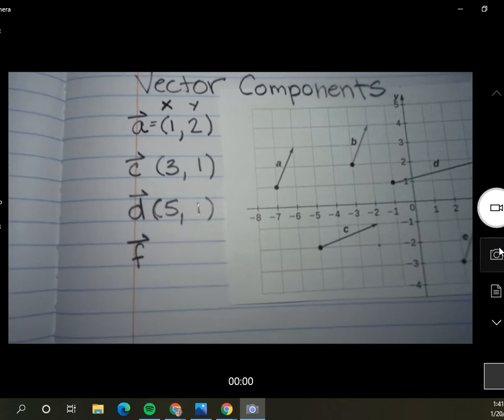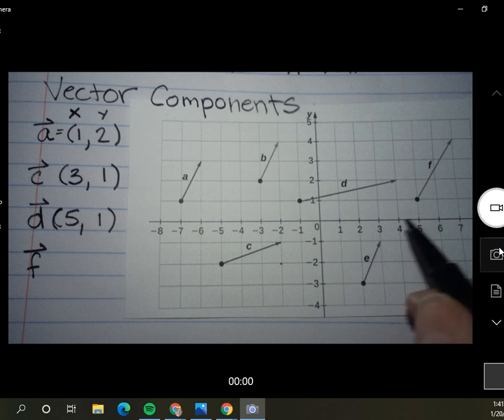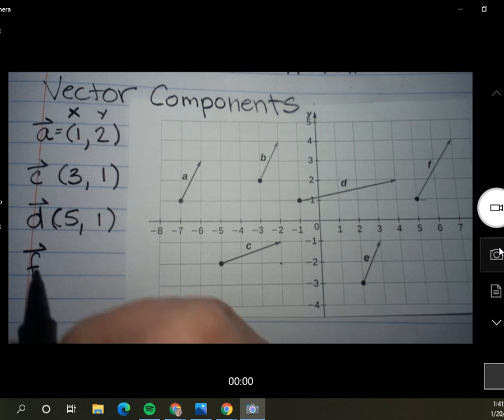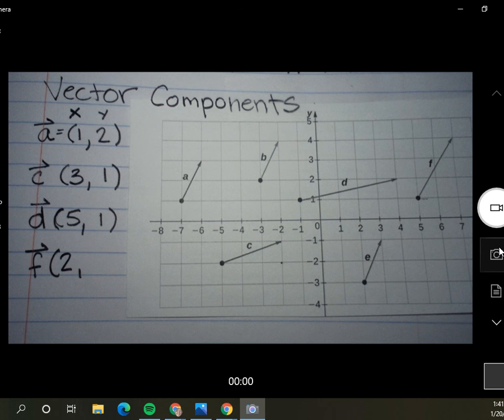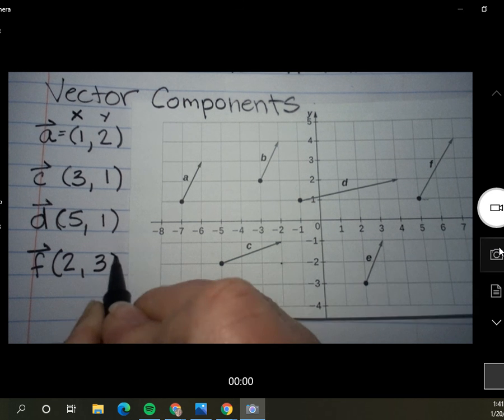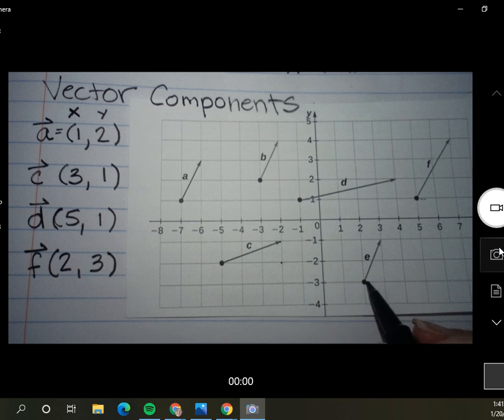Vector F. What is the x component of vector F? 2. What is the y component of vector F? 3.